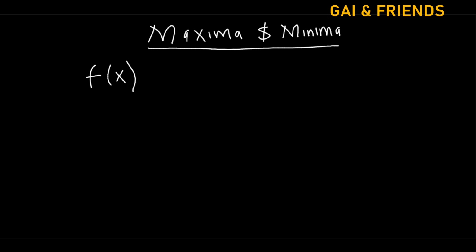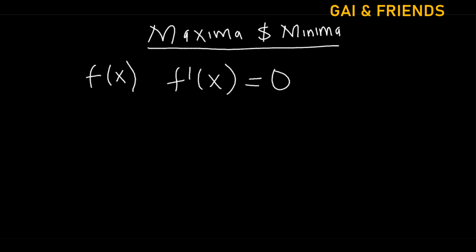If it is not already in quadratic form, you can find the first derivative, f prime of x, and equate that to 0, and from there you can find the critical points. After finding the critical points, you can proceed to find the maxima and minima.